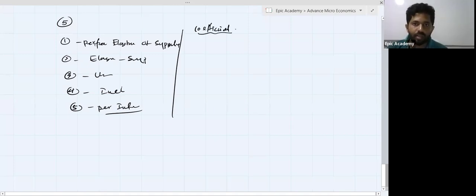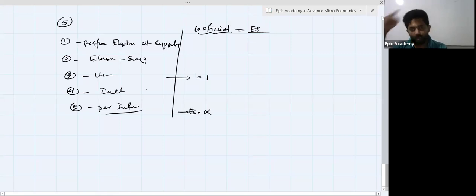I mean the value for the ES. If unitary, it must always be equal to 1. Right? So what will happen with perfect elasticity? It is infinity. ES must be equal to infinity.